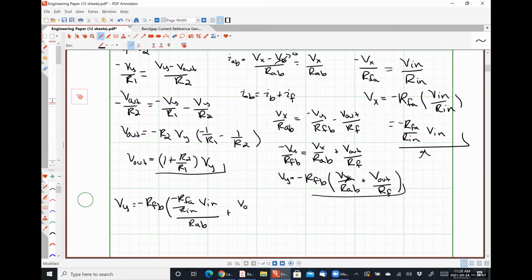And so we can simplify this down just a little bit, and we'll get RFA RFB over RAB Rn times Vn minus RFB over RF V out.